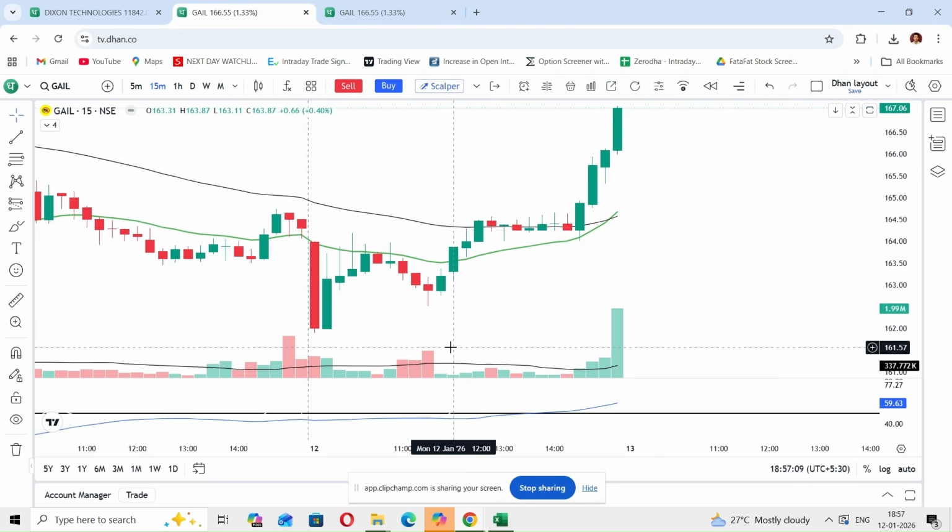So here also I shifted my original SL and trailed it to the high of this particular candle. My original stop loss was a bit higher, so I was able to close the trade at a lower loss.